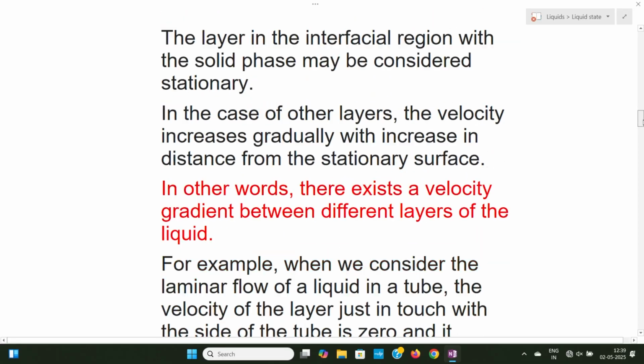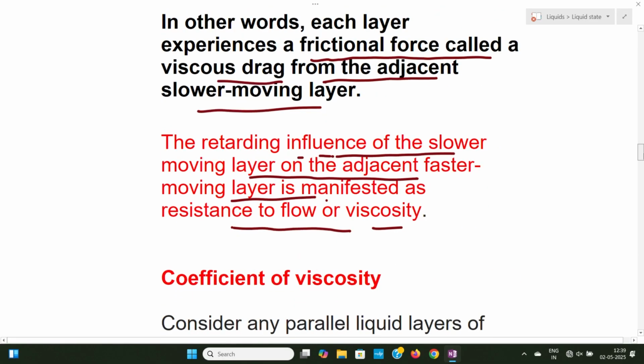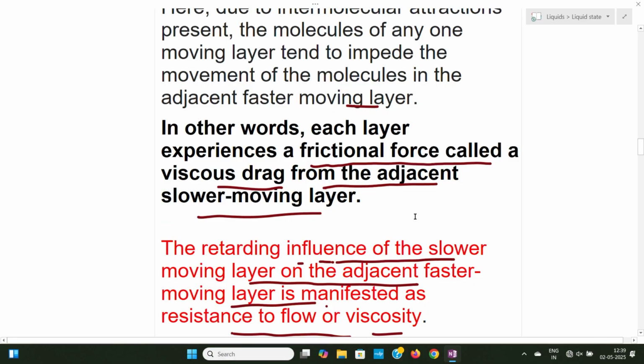That is, each layer experiences a frictional force called a viscous drag from the adjacent slower moving layer. I hope you understood viscosity. Viscosity is nothing but the resistance to flow, because of the influence of the adjacent layer.